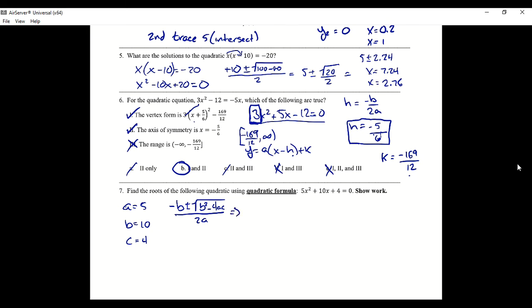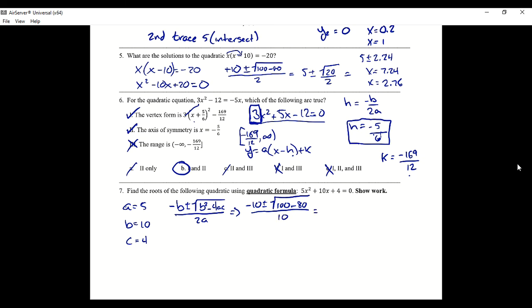So this becomes negative 10 plus or minus the square root. 10 squared is 100. 5 times 4 is 20, times 4 is 80. And all of this is over 5 times 2, or 10.